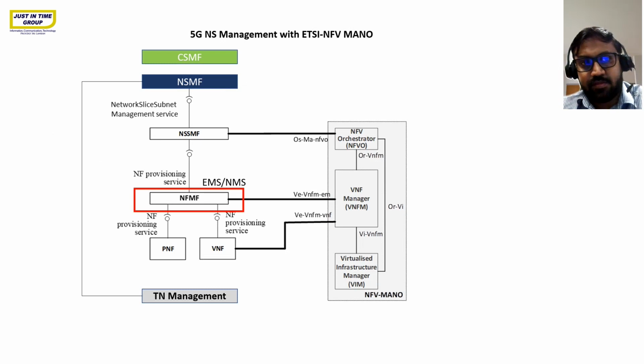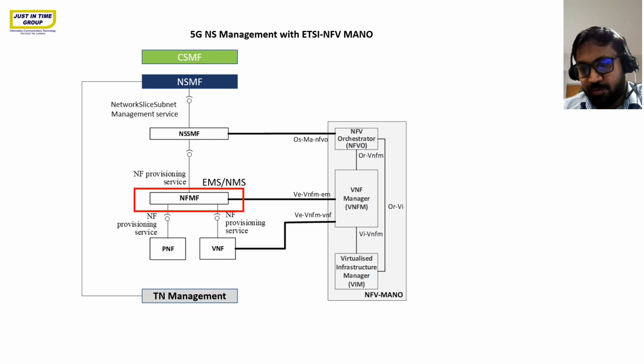Here you can see how network slicing can interact with the ETSI NFV MANO architecture. If you are not quite familiar with ETSI NFV MANO, I will cover that in the upcoming webinar when we cover NFV and also cloud native principles and how they can affect telecom networks. For the sake of understanding, telecom networks building virtual infrastructure have a virtual infrastructure manager, which could be OpenStack or something like that.